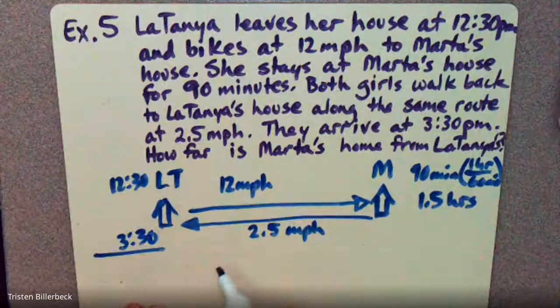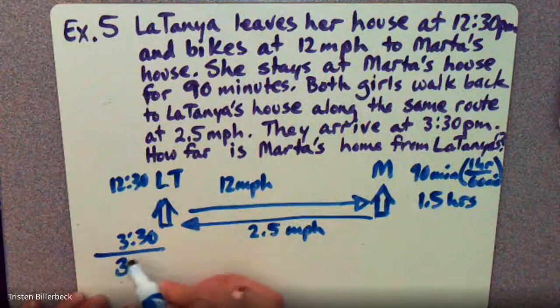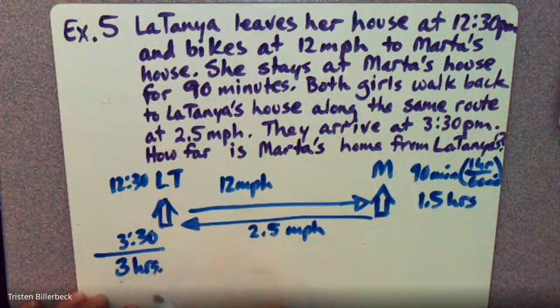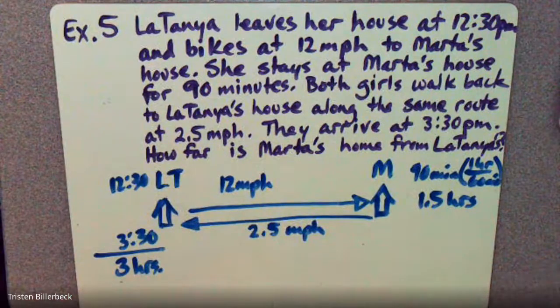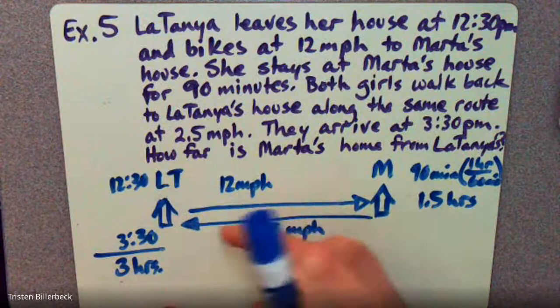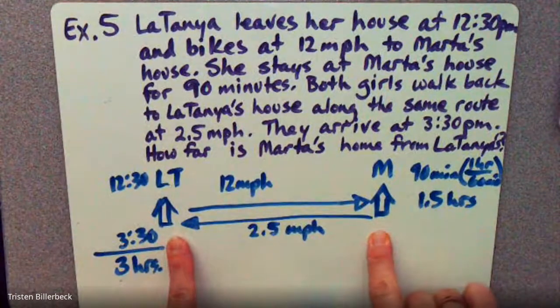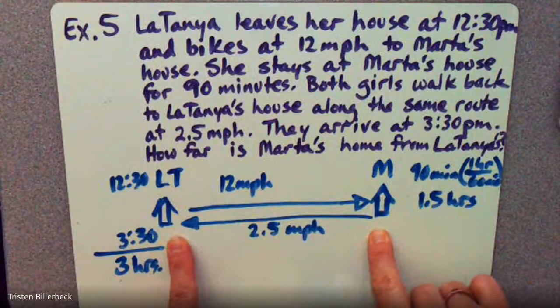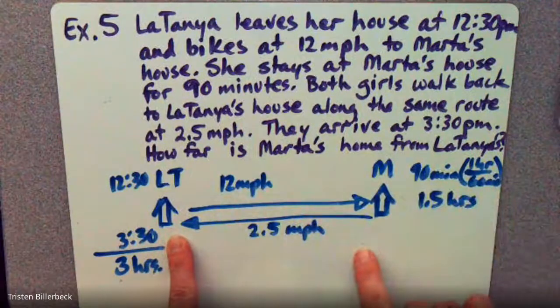So their total time gone from the house is 3 hours. So we're going to have two variables. First of all, we know that the distance they traveled is the same, and they want to know the distance. How far is Marta's home from Latanya's?